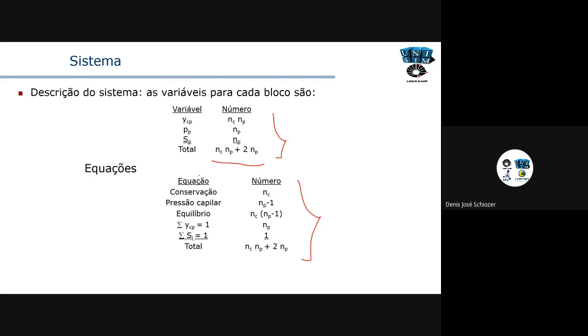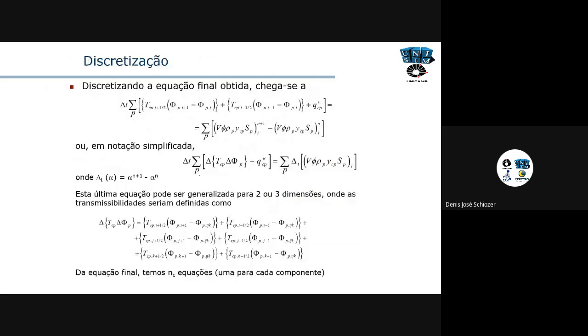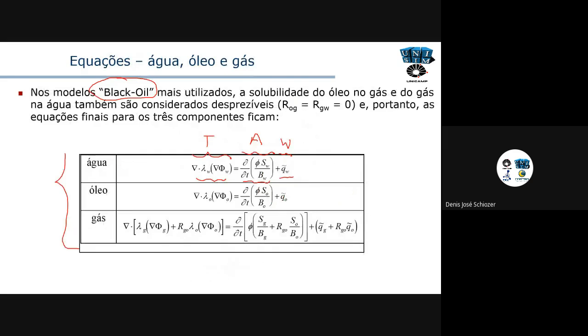In the black oil, as we have the oil component only in the oil phase, I have just one term here. The heavy component, which we call oil, is only in the heavier phase, the oil phase, so we have just one term here. And the gas term, which is the lighter components of the hydrocarbons, can be in the gas phase, or they can be inside the oil phase, okay?